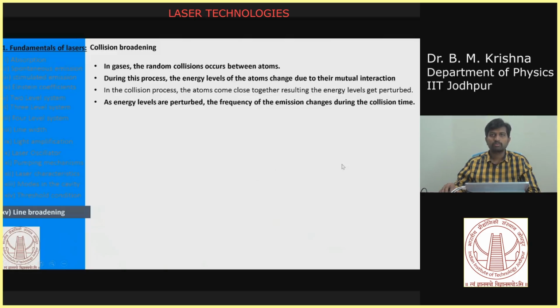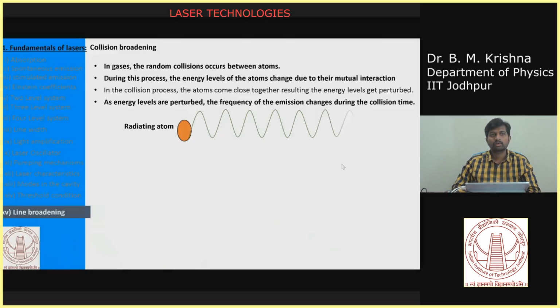Now we pick the radiating atom, that means an atom in the excited state that is radiating, giving a photon. Consider this atom: it is emitting photons, and the radiation is sinusoidal. I am assuming that you have a certain coherence time.